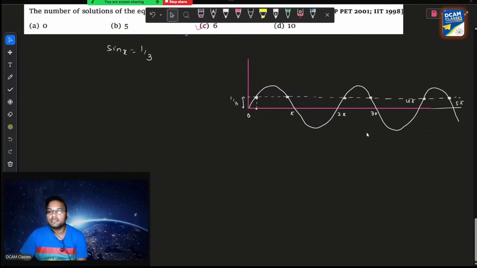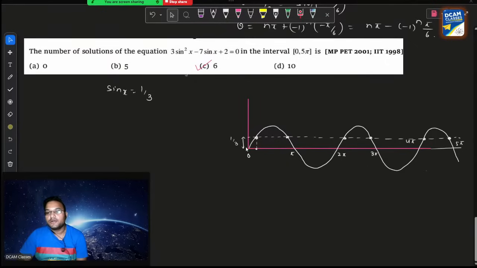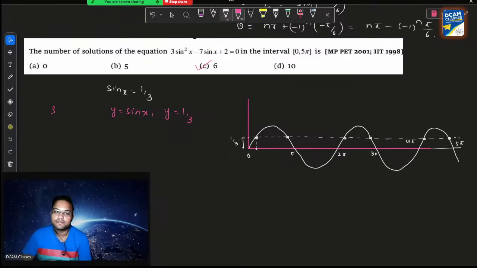That's the easiest way. What I did here was just draw the graph and take y equal to 1 by 3, because I'm getting sin x equal to 1 by 3. Divide it into two graphs: one is y equal to sin x, other is y equal to 1 by 3. Draw each graph and then find the points of intersection. That's the shortcut method.